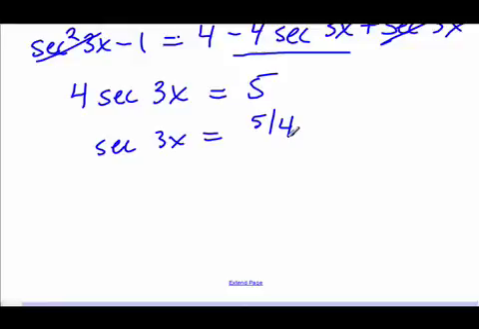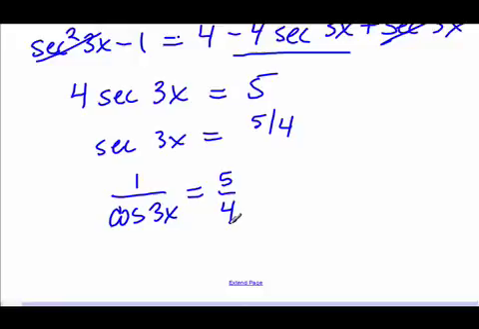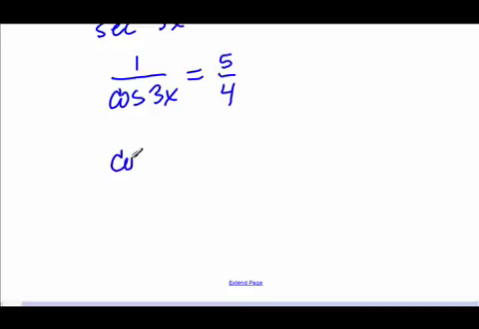We know that the secant of 3x is the same thing as 1 over cosine 3x. Agree? Now take the reciprocal of both sides of this equation, and we have cosine 3x equals 4/5.